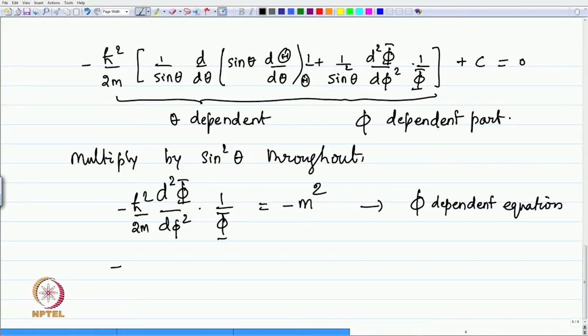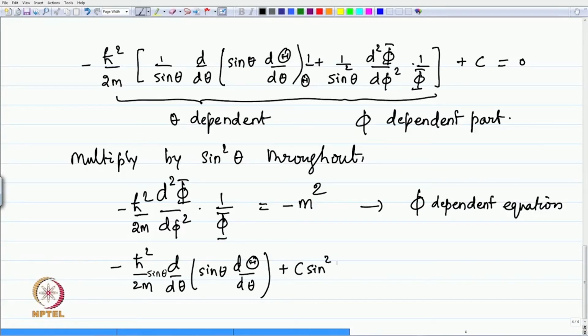The theta dependent form is minus h bar square by 2m, sin theta d by d theta of sin theta d theta by d theta, and if we do the algebra carefully, it will be plus c sin square theta times theta minus m square theta is equal to 0.